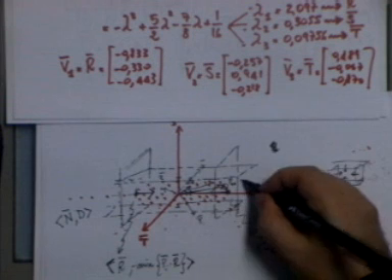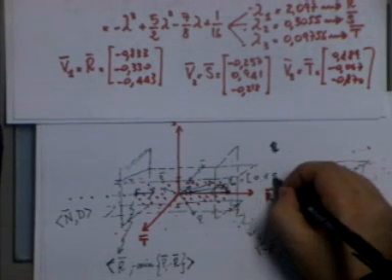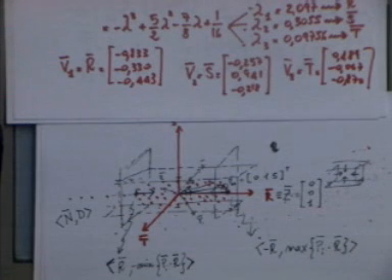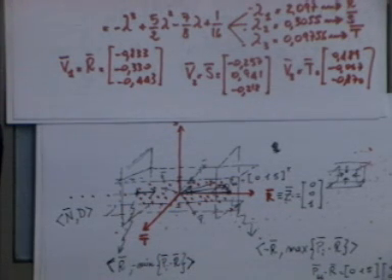So if you imagine that this P66 is actually 0, 1, 5, then you have that P66 scalar R is 0, 1, 5 scalar by 0, 0, 1, and you have it as 5.